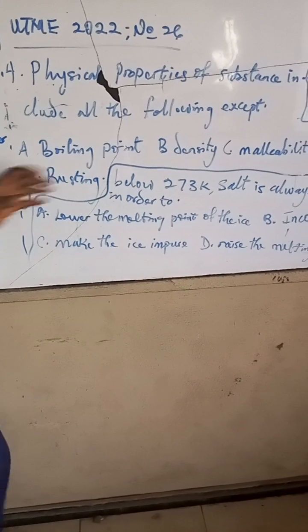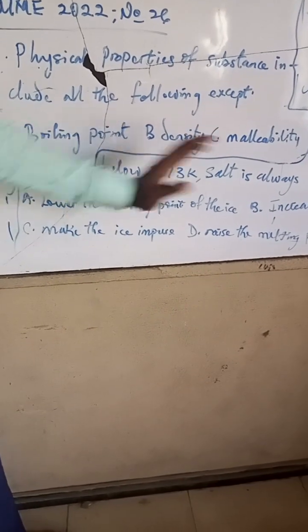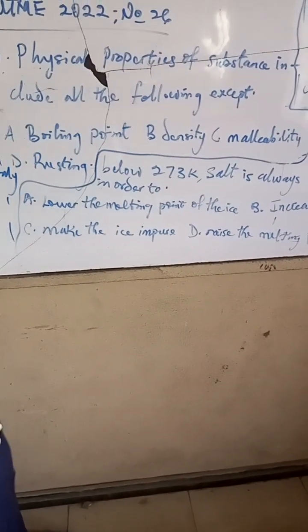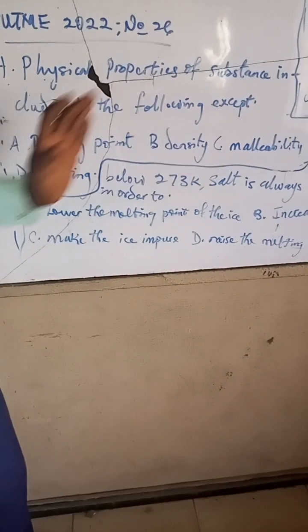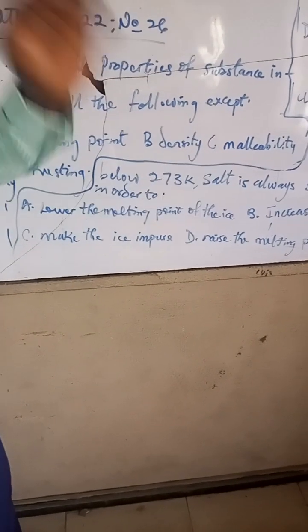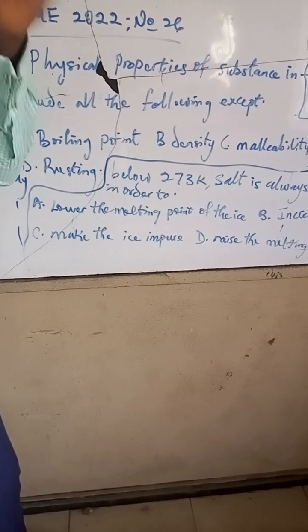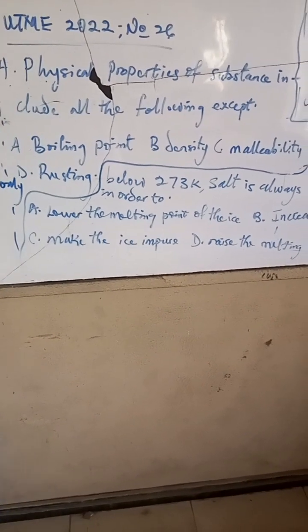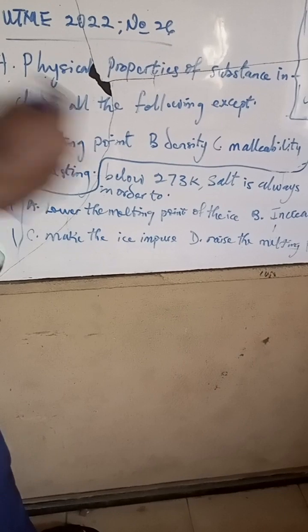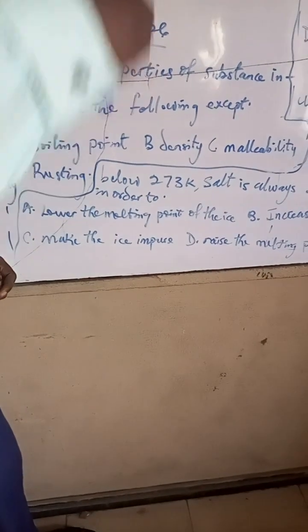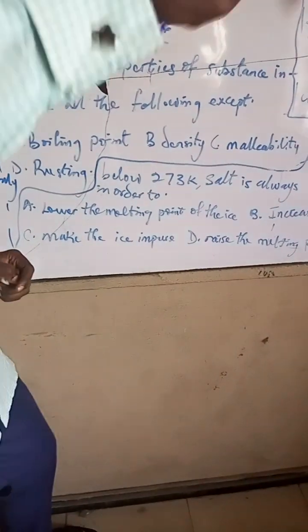That means all the following are examples of physical property, except one of them. One of them is not a physical property, which is a chemical property. That means we are looking for the one that is not a physical change or physical property, the one that is a chemical change.